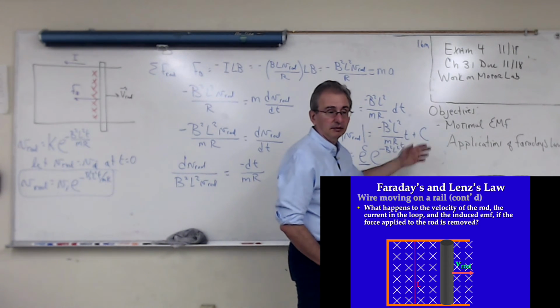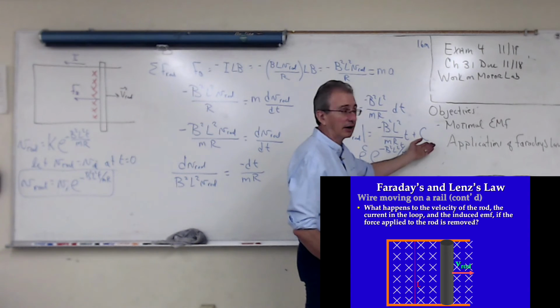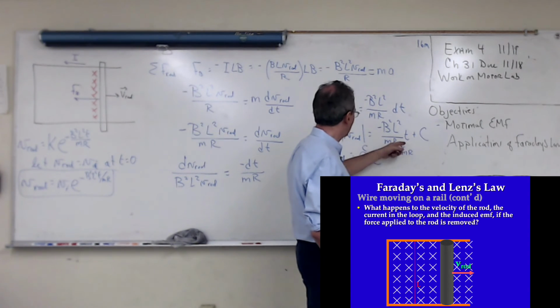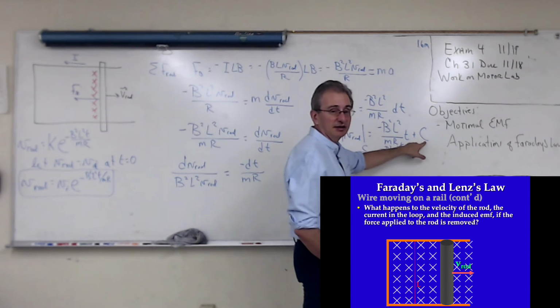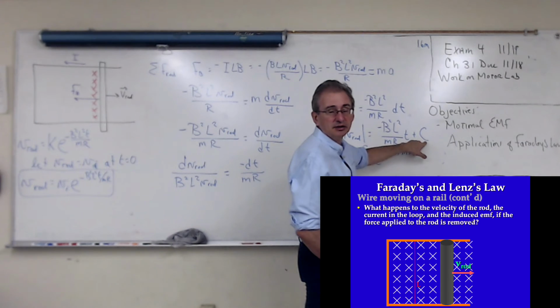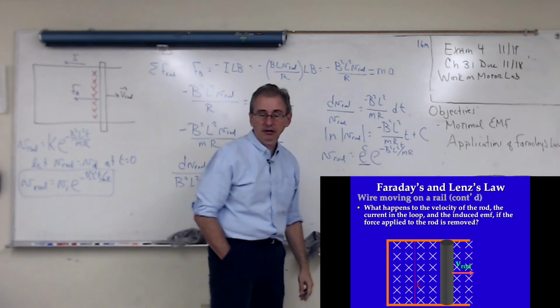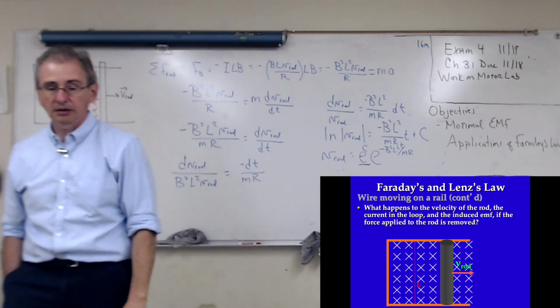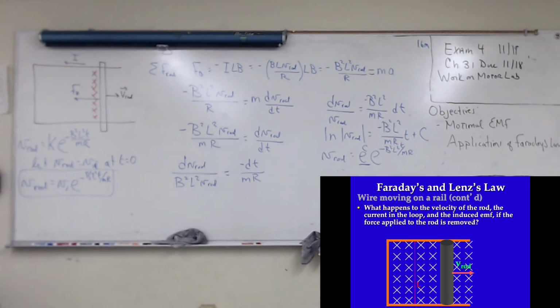I could have. You're right, I could have done it here. I would have said, when t equals 0, this has got to be the log of v initial. I just chose to do it at a different time. Got it. And maybe I should have done that.